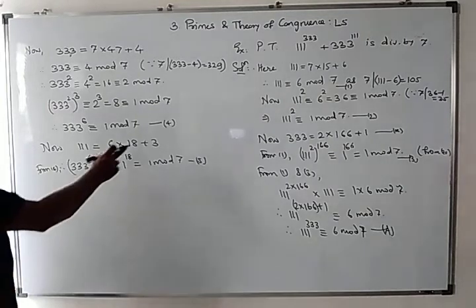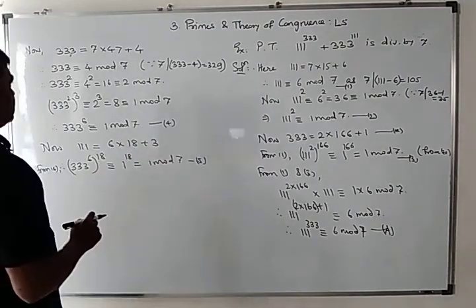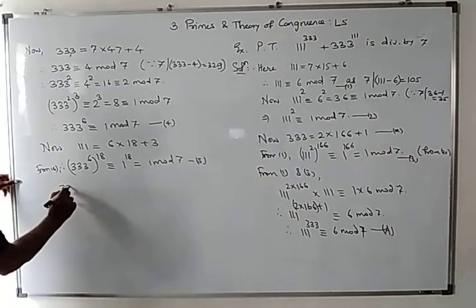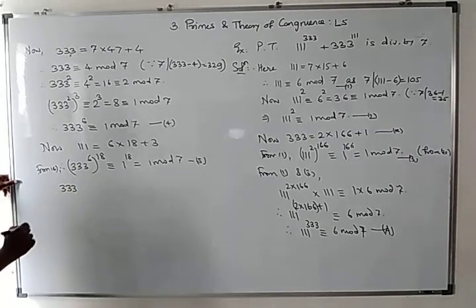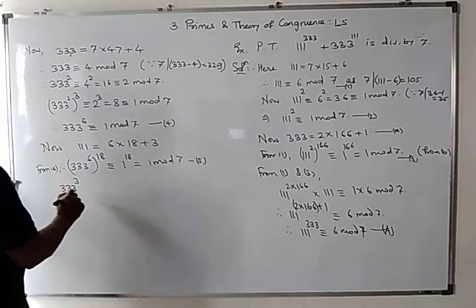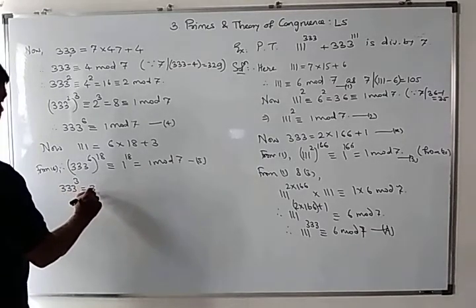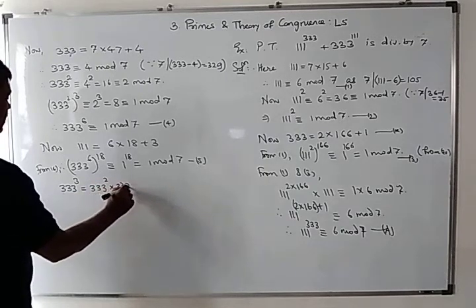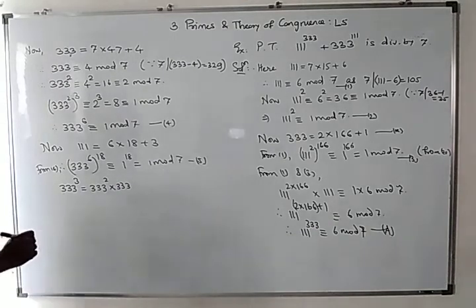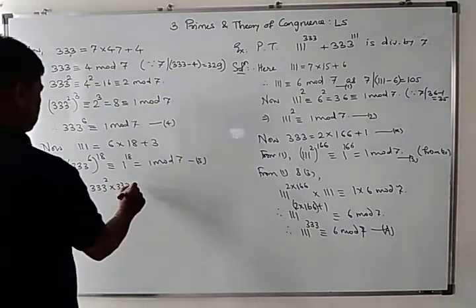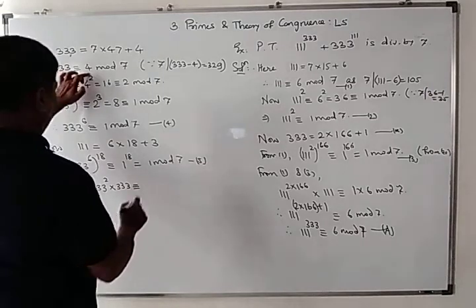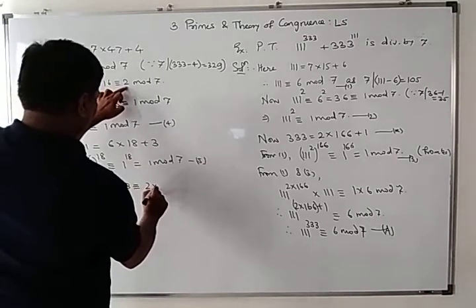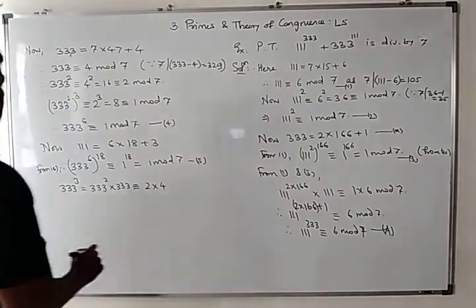Right. Now what to find out? 333 raised to 3 here. 333 cube is equal to 333 square into 333, which is congruent to 4 square into 4, that is 2 into 4, right.